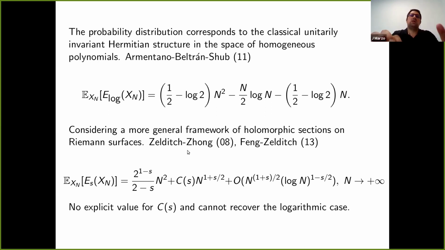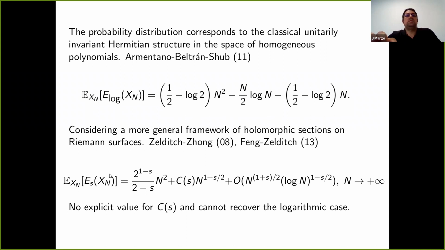They consider these polynomials in a more general setting of holomorphic sections on Riemann surfaces, and they were then able to estimate, at least, to have some terms of the asymptotic expansion of the expected Riesz energy.